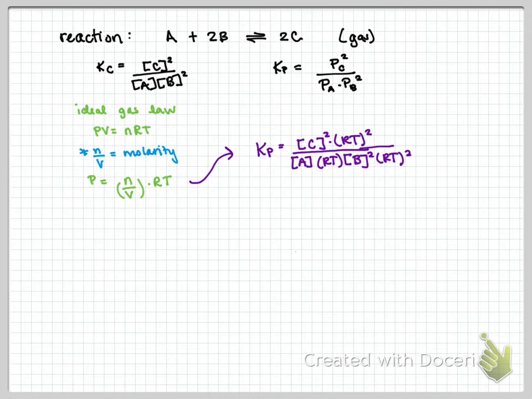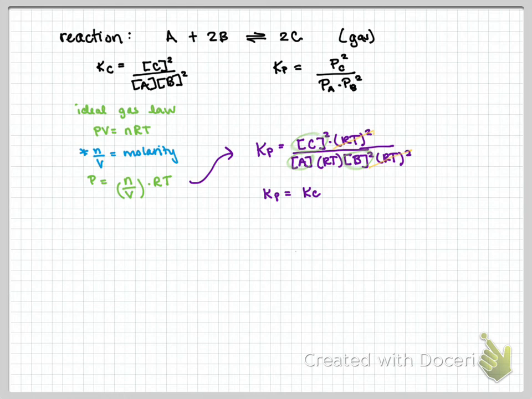On the bottom, we could replace the partial pressure of A with the molarity of A times RT, and we could replace the partial pressure of B squared with the concentration, or molarity of B squared times RT squared. All of these R's and T's are the same. Can we cancel any of them out? Absolutely, we could cancel out RT squared divided by RT squared.